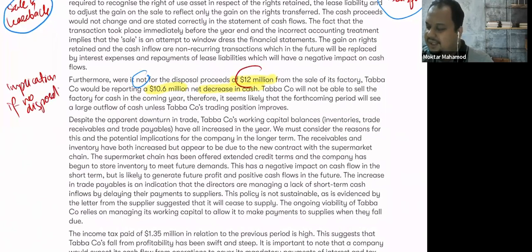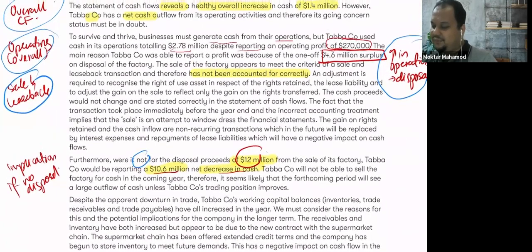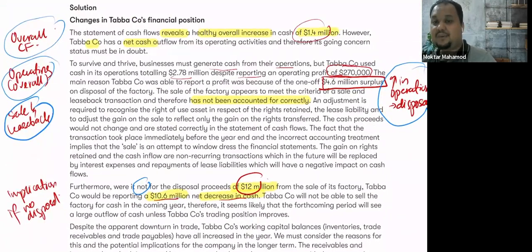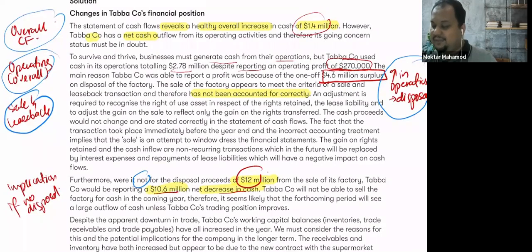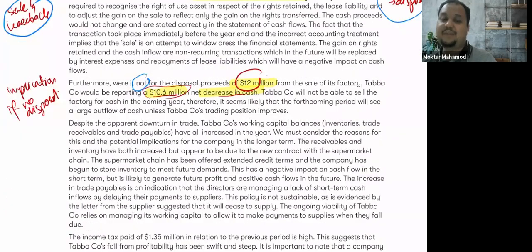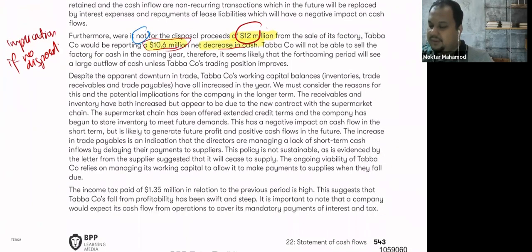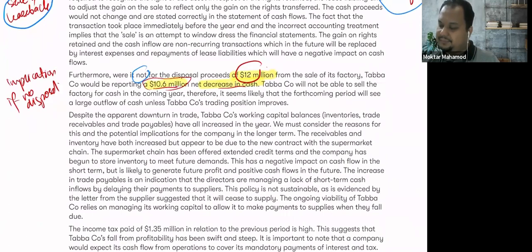Sebab banyak ni 12 million kan cash from the disposal. So 10.6 decrease in cash instead of 1.4 million lah. Instead of 1.4 million increase. Tapi sebenarnya kalau tak ada disposal tu 10.6 decrease. And then they sell the factory tapi they lease back lah untuk continue for the operation, tu tak ada masalah lah. So ni another points.